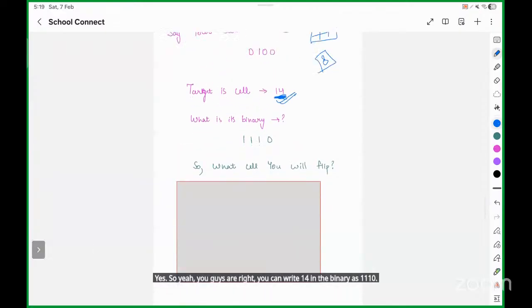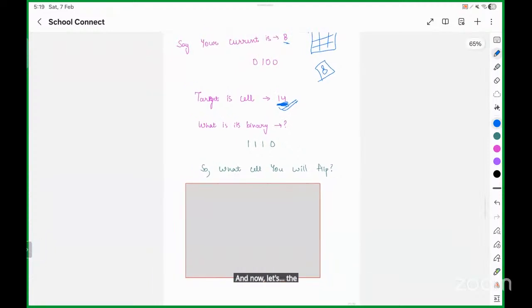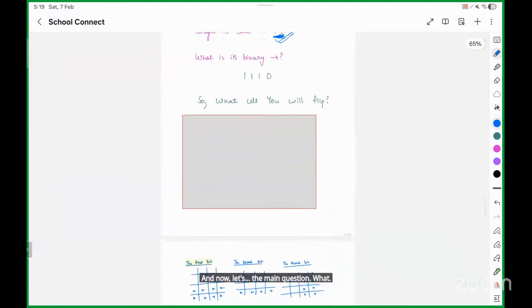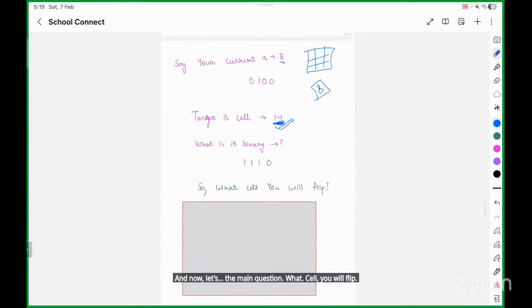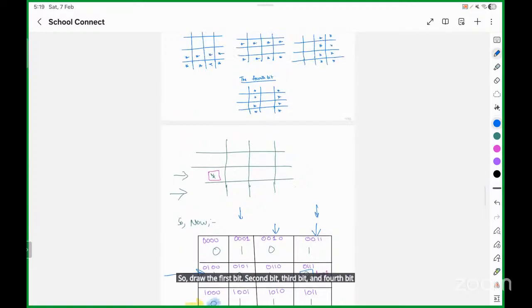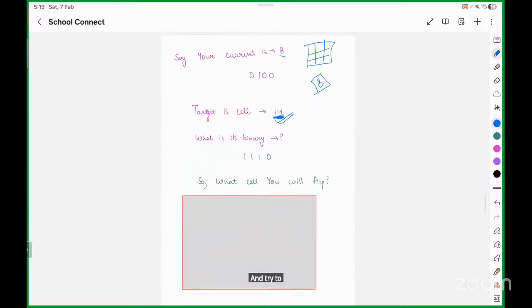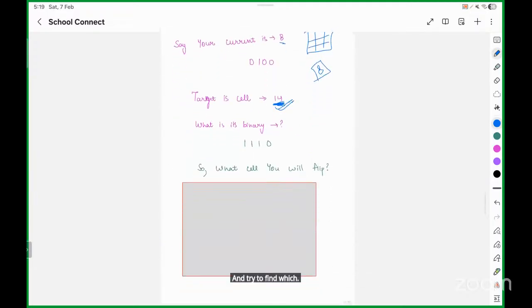And now the main question. What cell will you flip? So draw the first bit, second bit, third bit, and fourth bit like we did here, and try to find where the coin you should flip.